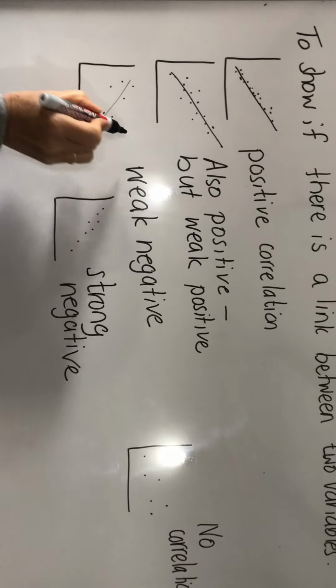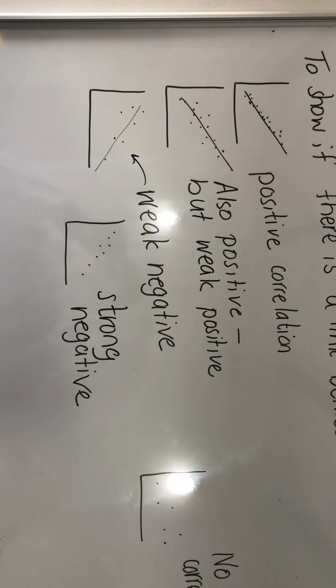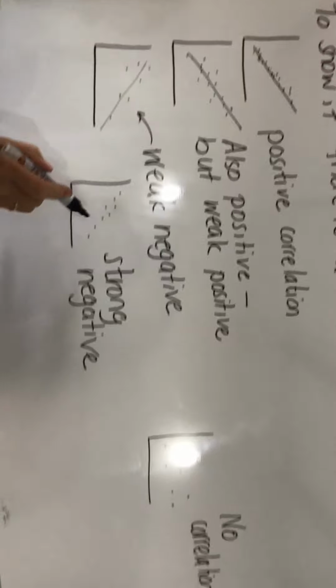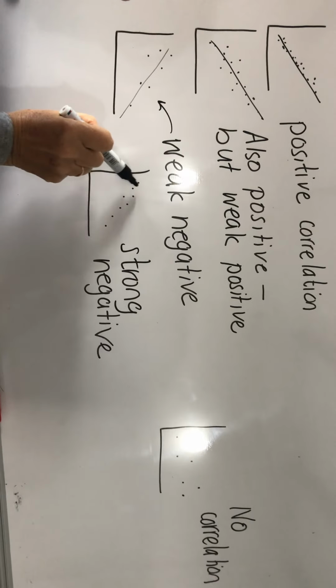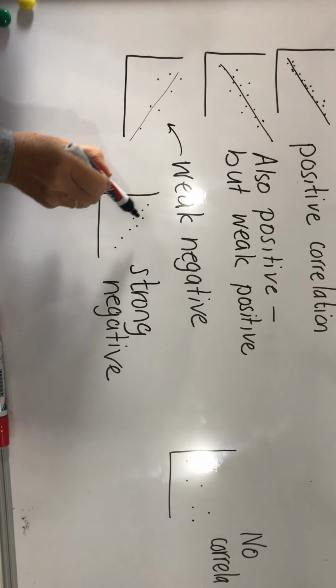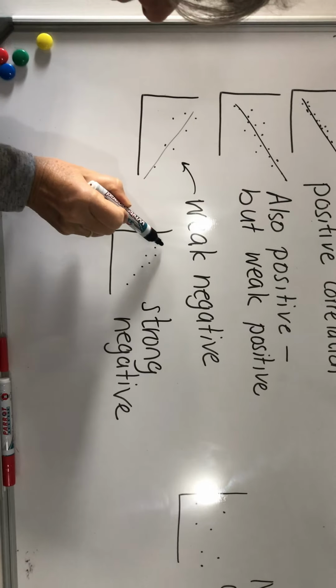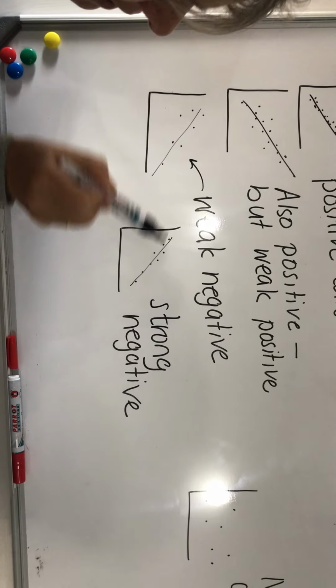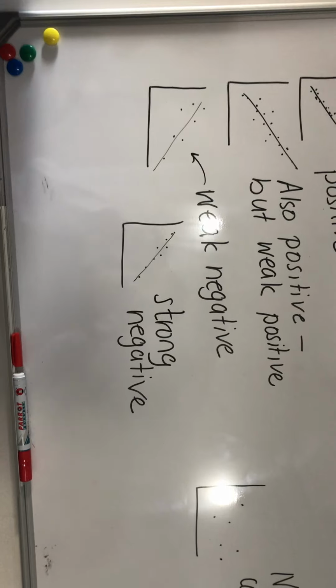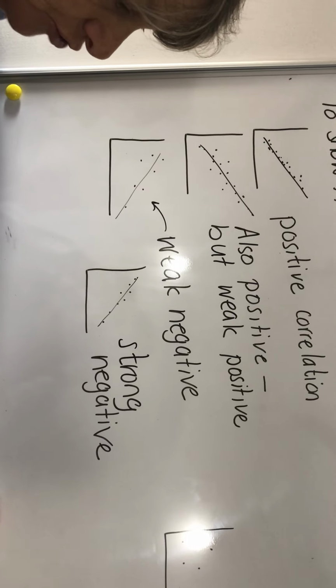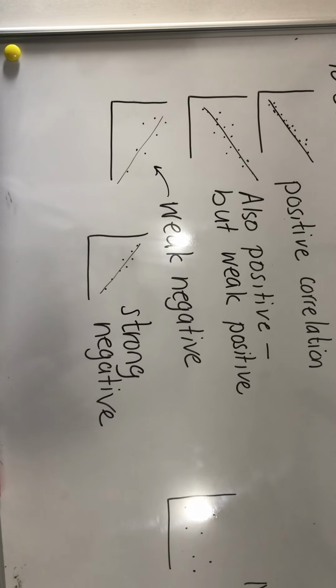So I would call this weak negative correlation. In the last example, the points are closer together, and if I draw a line of best fit, these points are closer to this line, and I would call that strong negative correlation.